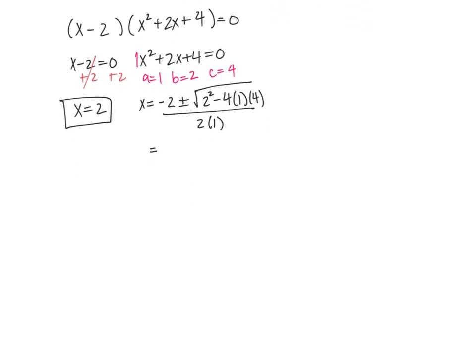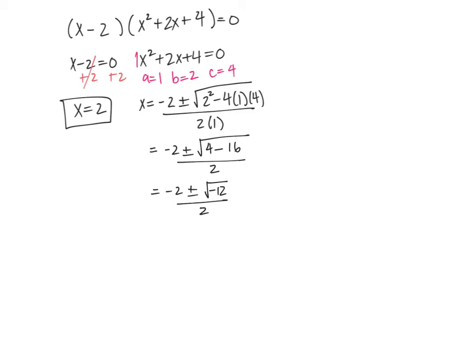So I'm going to try to clean this up now. So inside the root, 2 squared gives me 4. Drop down the minus sign. 4 times 1 times 4 gives me 16. And the bottom's a 2. So if I subtract the inside of the root, 4 minus 16 gives me negative 12.